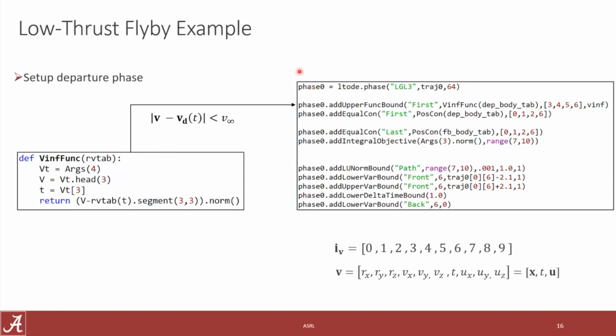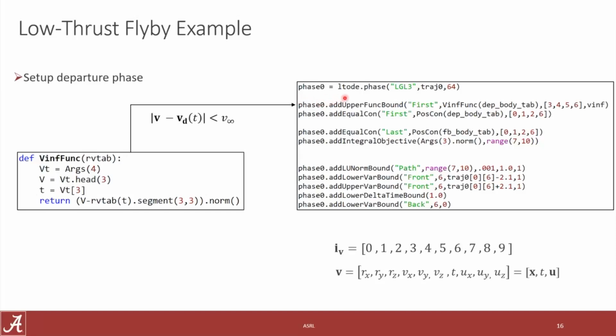Phase 0 is the phase where we're leaving the departure body and going out to the flyby body. We instantiate phase 0 from the low thrust ODE, and add our transcription method, the initial guess generated in the previous slide, and then some number of segments.